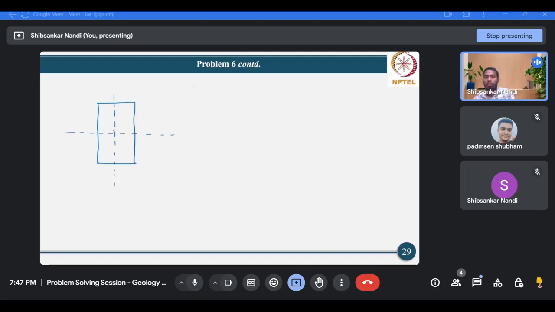Okay, so this is the center and this is the origin also, and this is 5, 16.